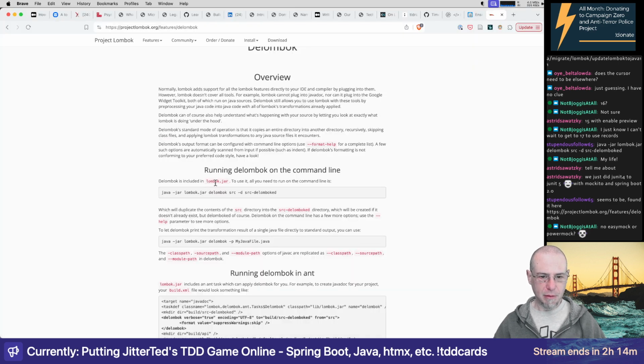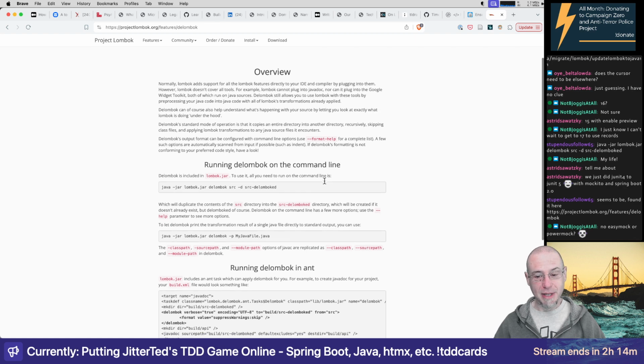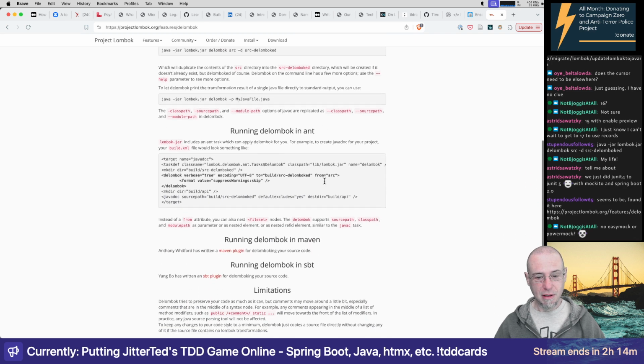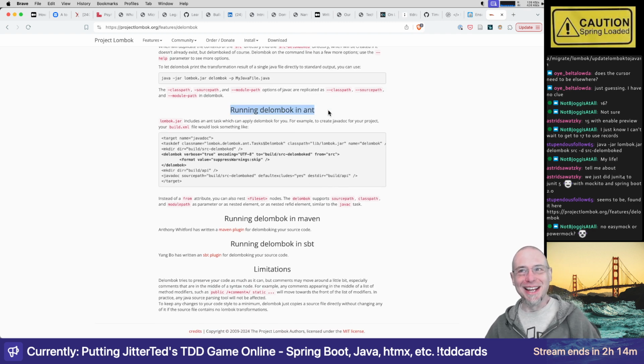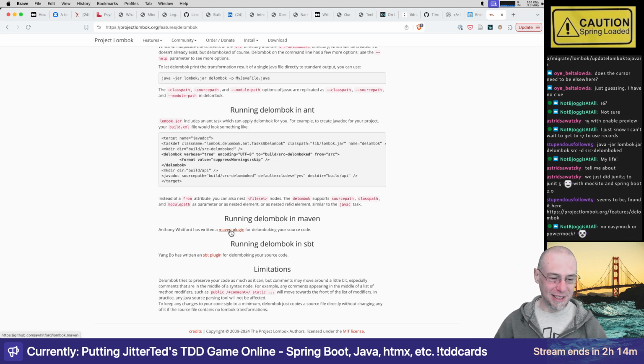I need to grab it. Where would I grab it from? It's got to be in the class path somewhere. Running Lombok in an Ant. That's hilarious. Oh, look, there's a Maven plugin. Let's go grab that.